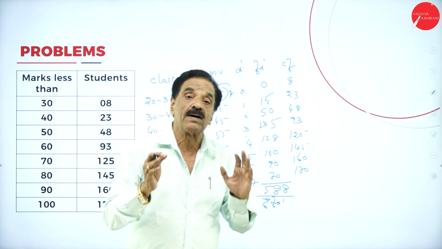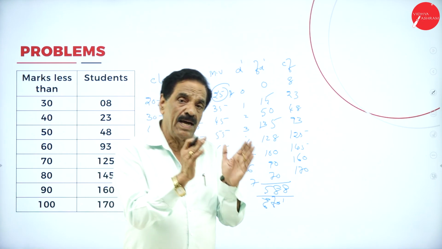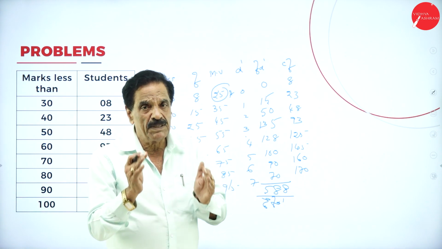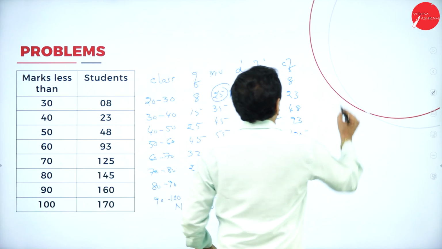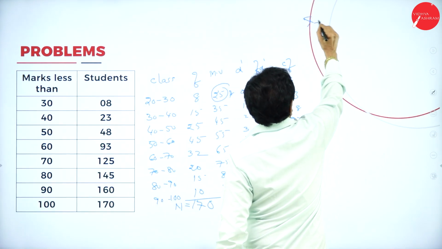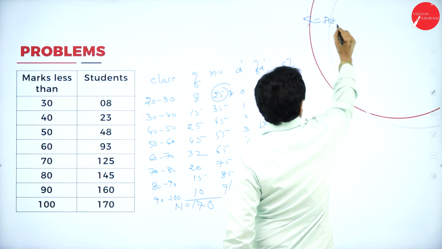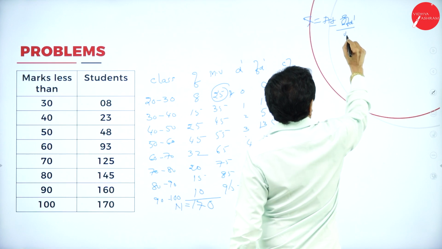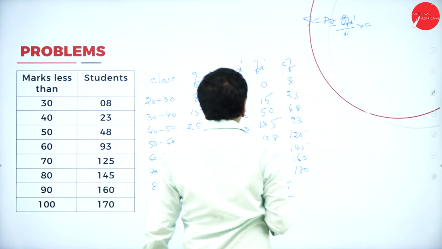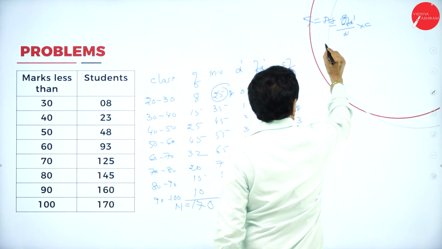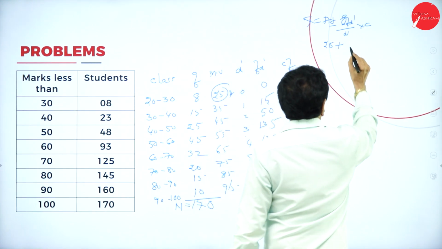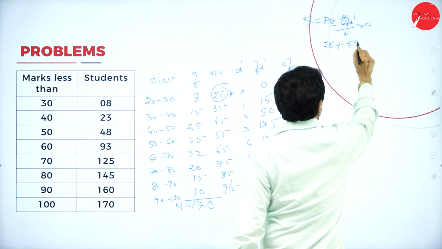What is the formula for mean? Mean is equal to A plus or minus sigma f dash t dash divided by n into c. We'll apply now. Mean is equal to A plus or minus sigma f dash t dash divided by n into c. What's your assumed mean? 25. Plus, what's your sigma f dash t dash? 588.